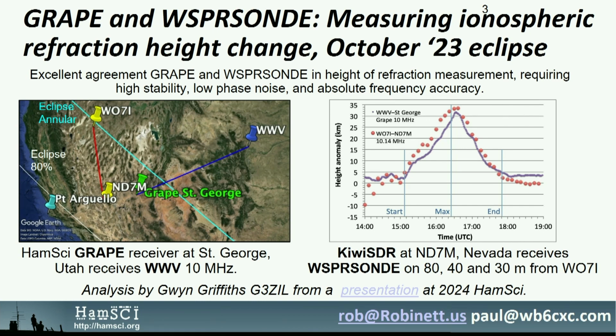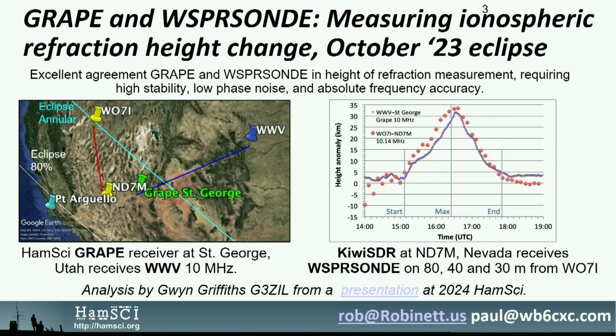This is an example of measurements we made during the October eclipse, where I drove out to Winnemucca, Nevada, and established a transmitter up there, W0I, in this map on the left, and a corresponding WSPR receive site near Las Vegas, in Pahrump, Nevada.